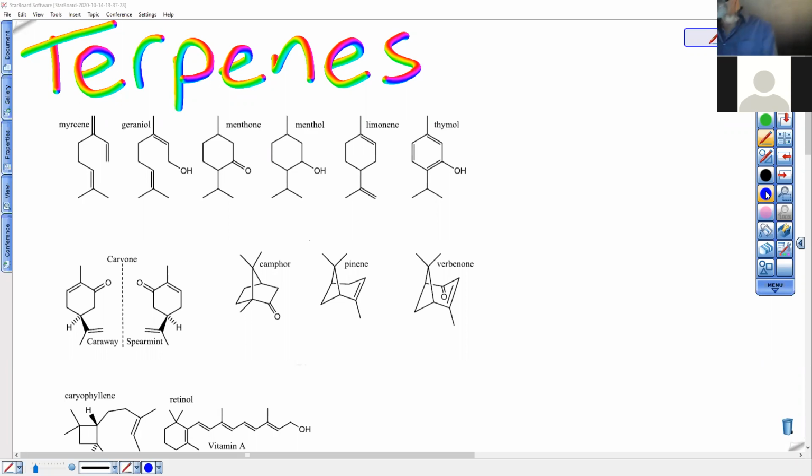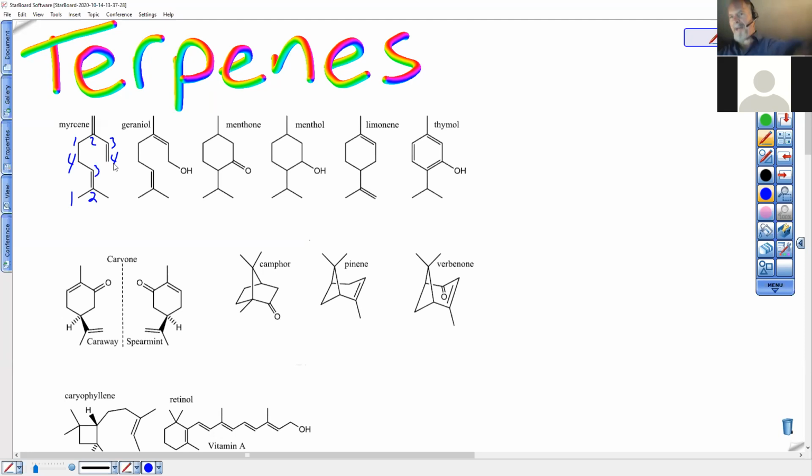Let's go. 1, 2, 3, 4. 1, 2, 3, 4. There's always a 4-carbon chain with a branched single carbon off of 2. And it repeats.